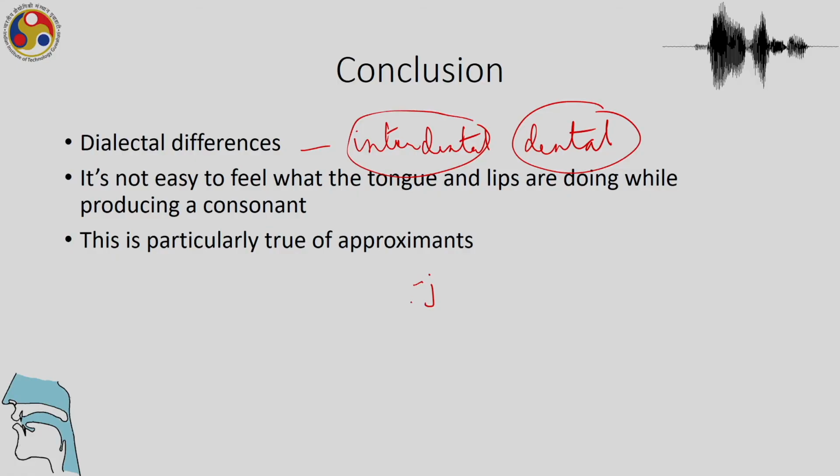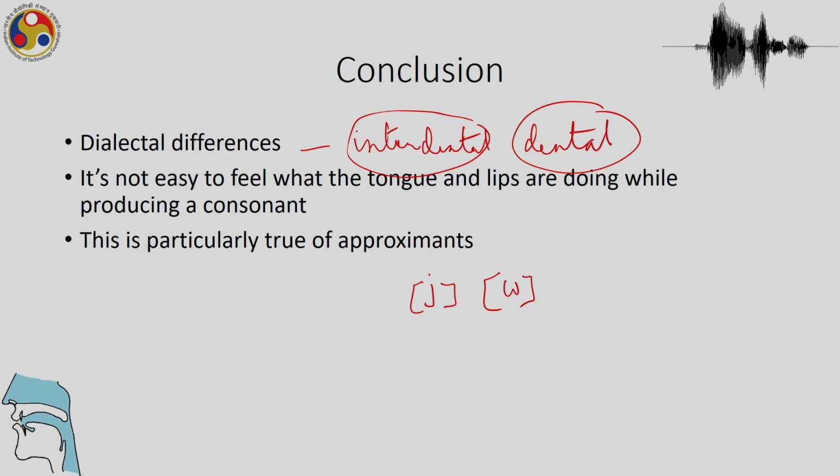And as a result, when we pronounce these approximants, for instance, ya and wa, we can feel here that the tongue goes towards the palatal region, and for wa, actually there are two types of movements, so we can feel the lip rounding, but also the back of the tongue goes up.